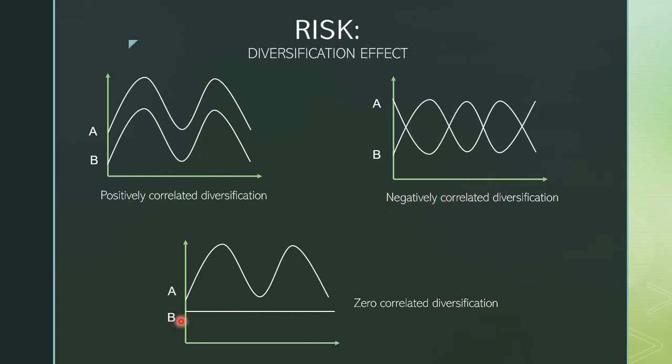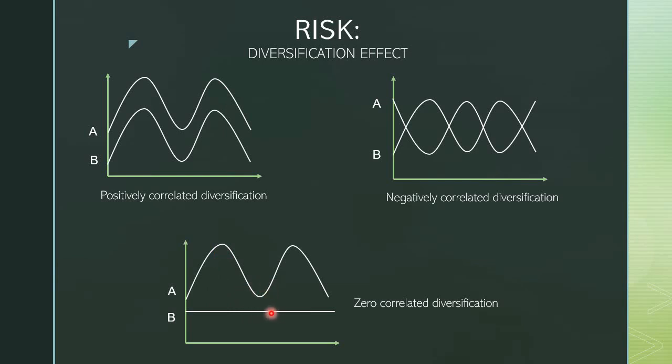Or you can also go to the zero correlated diversification. For example, you invest in stock A where it fluctuates, and then you invest in the fixed deposit investment where the return remains constant over the year. So you can see there's a bit of diversification happening here, especially when stock A is going down.